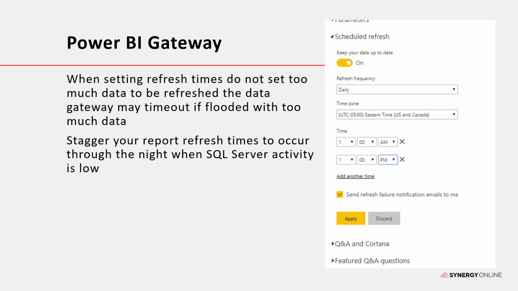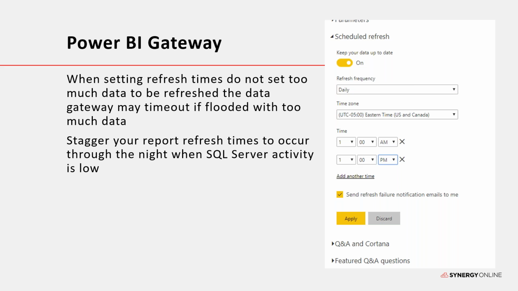What I've learned the hard way is we overwhelmed some people's gateways, and we were getting timeouts where the data just simply couldn't be refreshed all at once for all of the reports they had on their server. So I started staggering these reports. I'll do 1 or 2 reports at midnight, 1 or 2 reports at 12:30 a.m., 1 or 2 reports at 1 a.m., and so on, every half hour over the course of the evening.